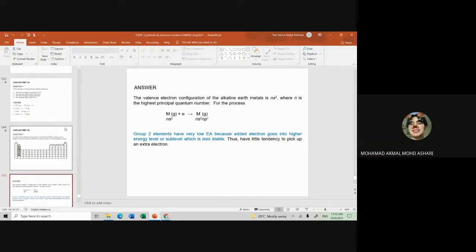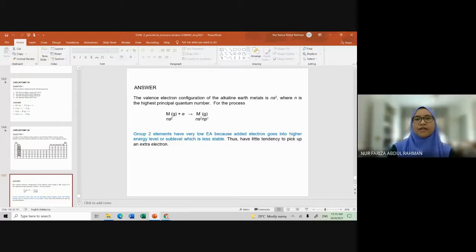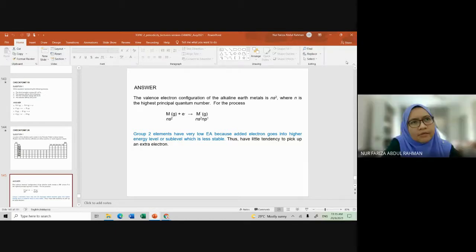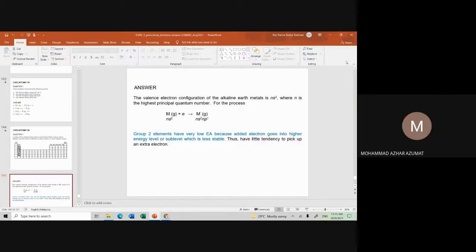Alright, any questions so far? Madam, kalau macam M tu dia capai -3, dia jadi stable ke? Sebab p tu sudah full. Come again, lagi sekali. Kalau M tu sudah M-3, dia sudah stable ke?